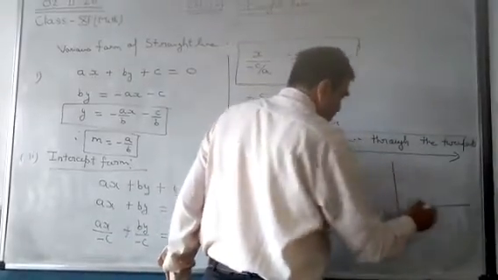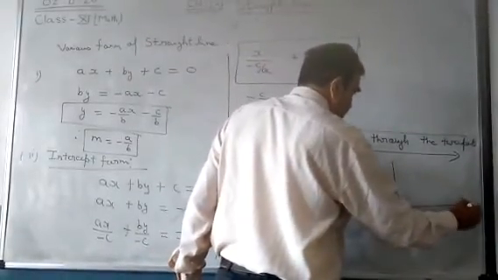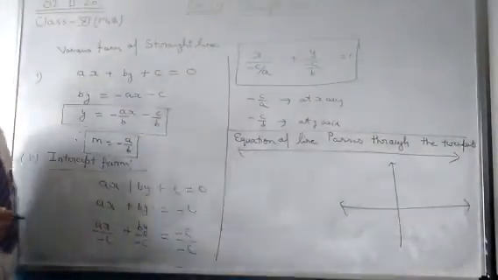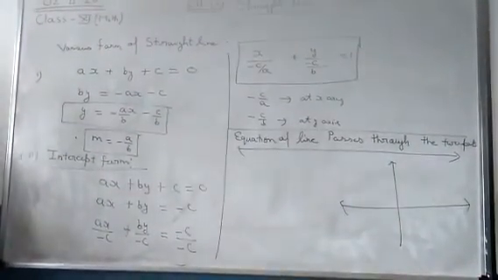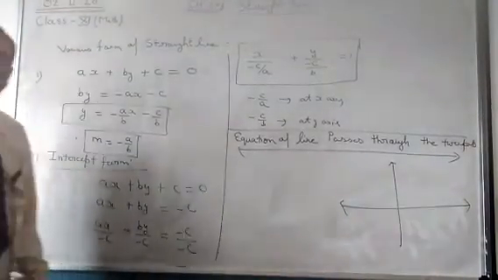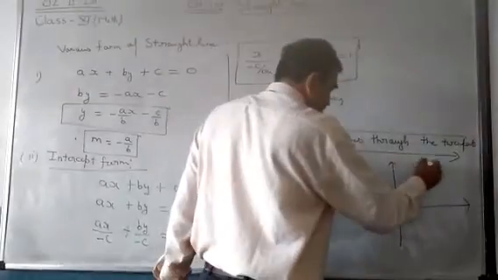This is the y-axis, suppose the x-axis. Let us consider a straight line passing through the 3 points A, B and C like this.